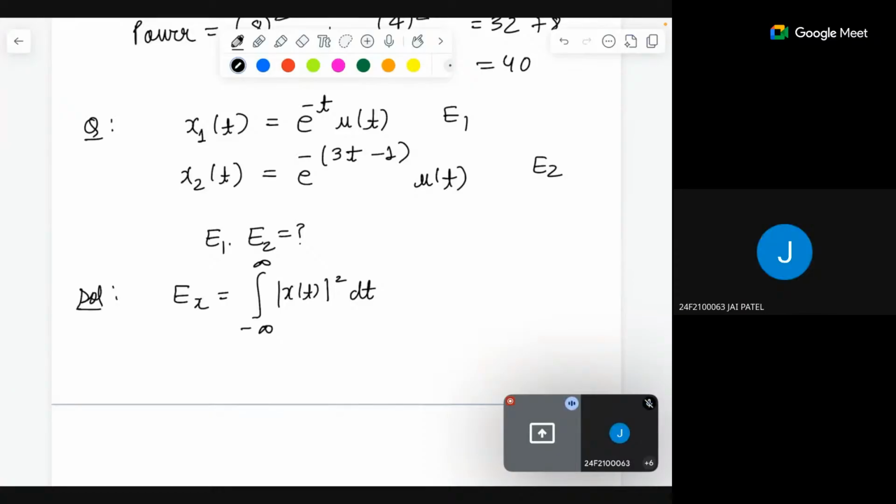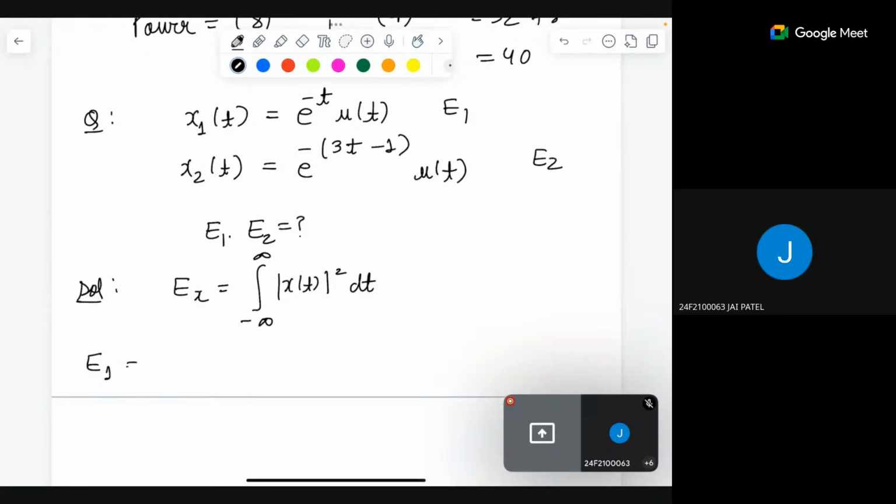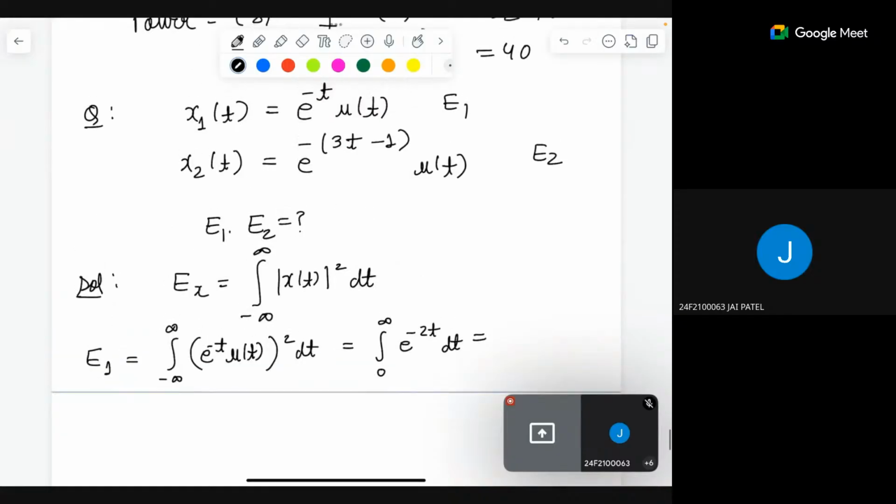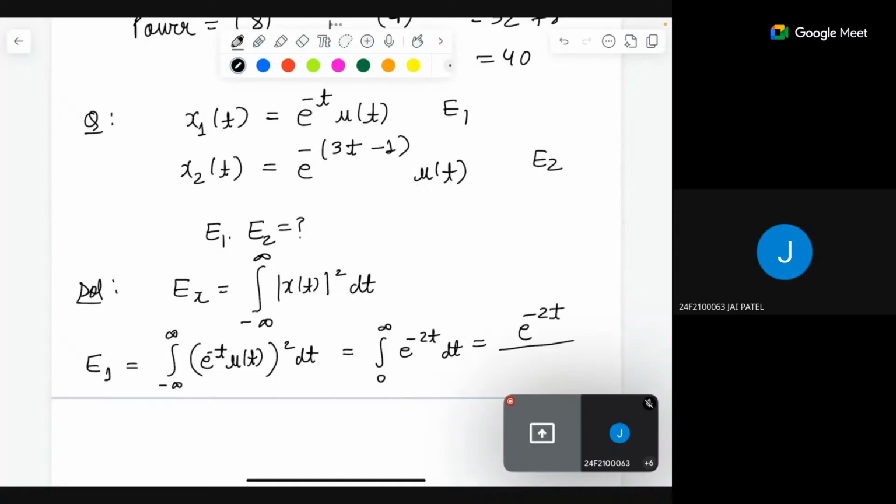E1 is half. Yes, that's correct. Ma'am, E2 is e square by 6.